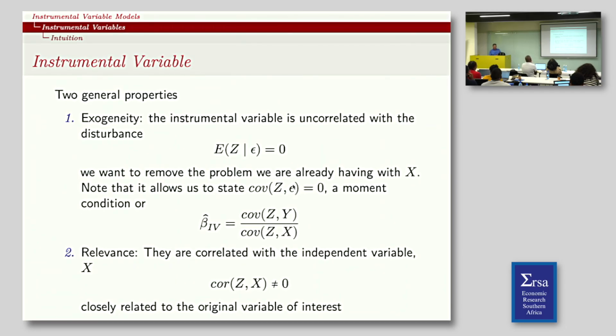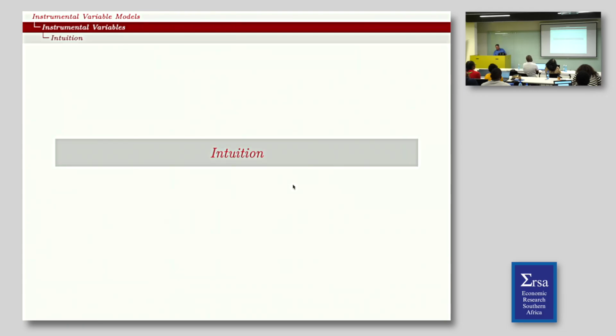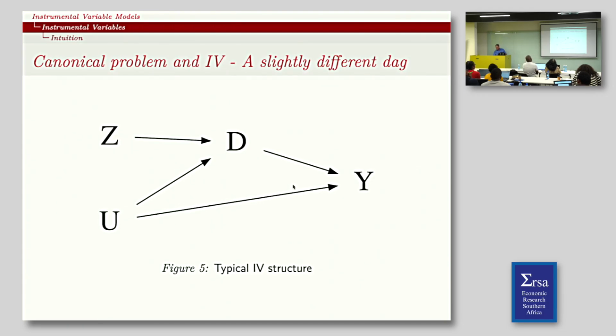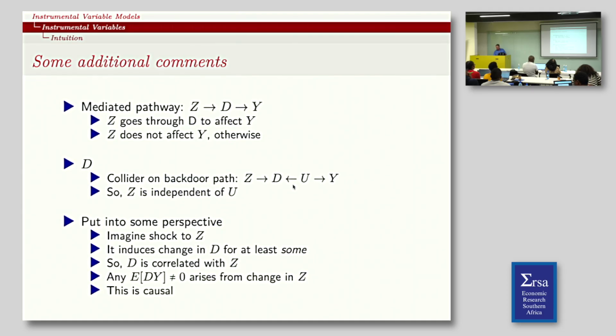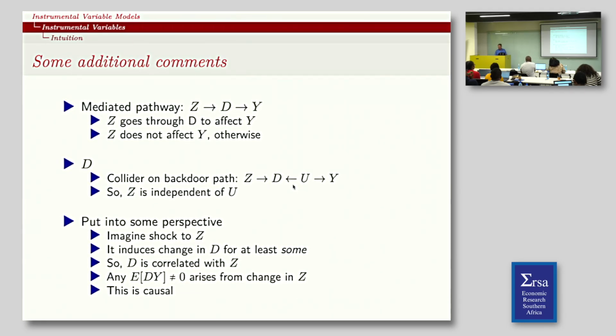So we've got two basic properties with an instrument. I haven't actually called it an instrument, but Z is assumed to be an instrument. It has to be uncorrelated with the disturbance. Sorry, this should be U, right, to make it clear from my picture. The epsilon comes from the previous equations, right? But we tend to go back and forth between U and epsilon and V. Okay, so exogeneity.